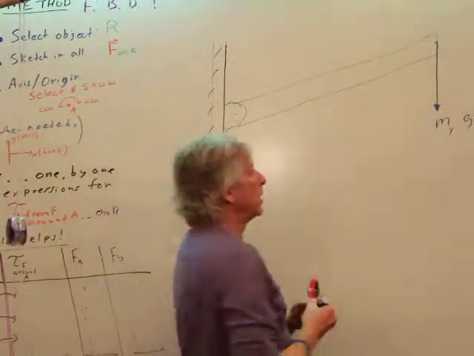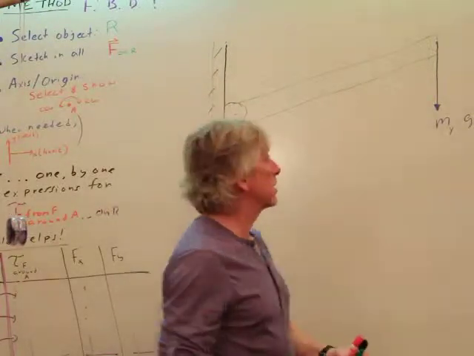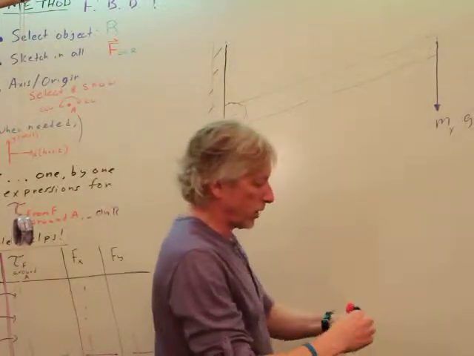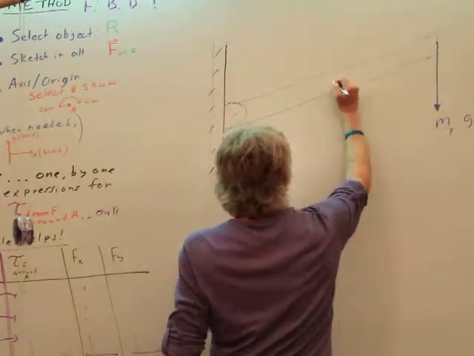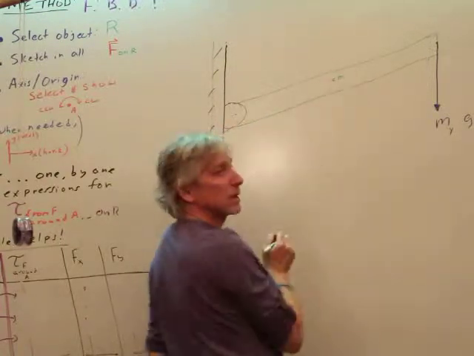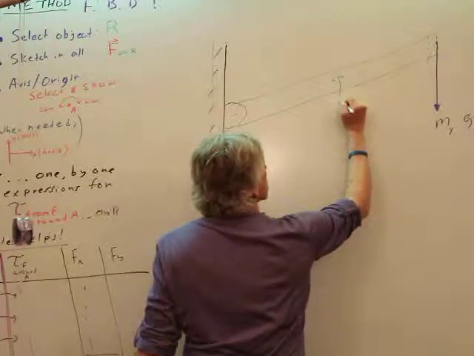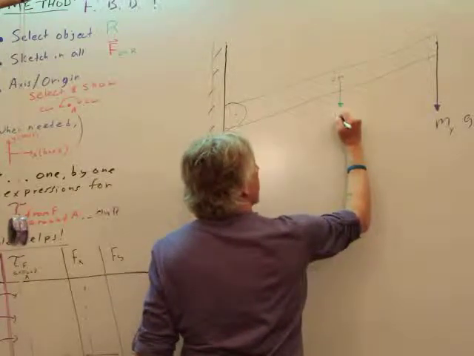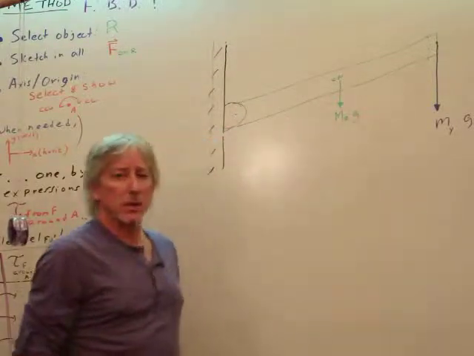And then I've got the force of gravity on the rod at the center of mass of the rod, wherever that is. If it's even, it's at the center. If it's not even, you got to find a way to find out. So the mass, I'm going to use a capital M just so it's easy visually to make a distinction.